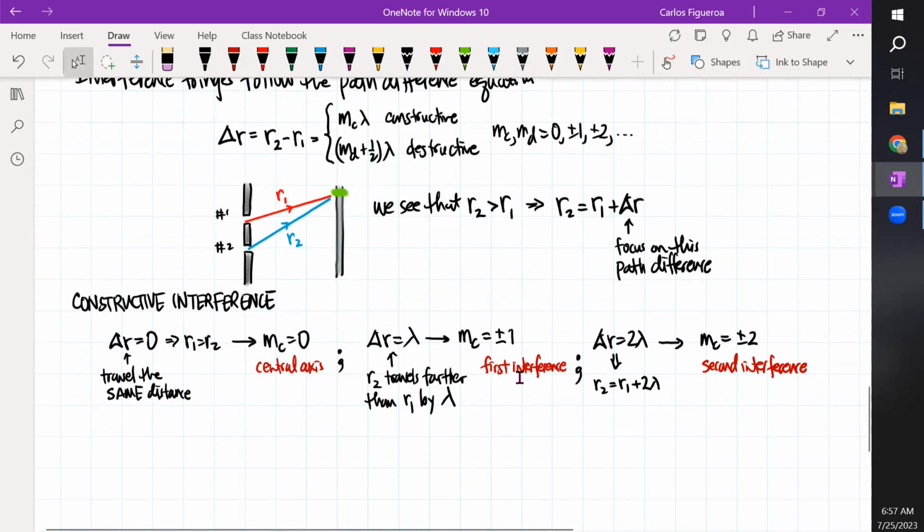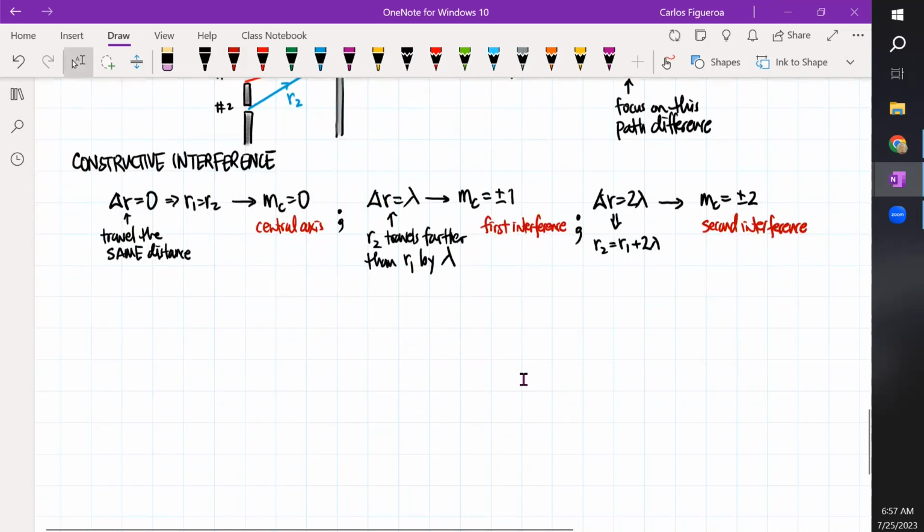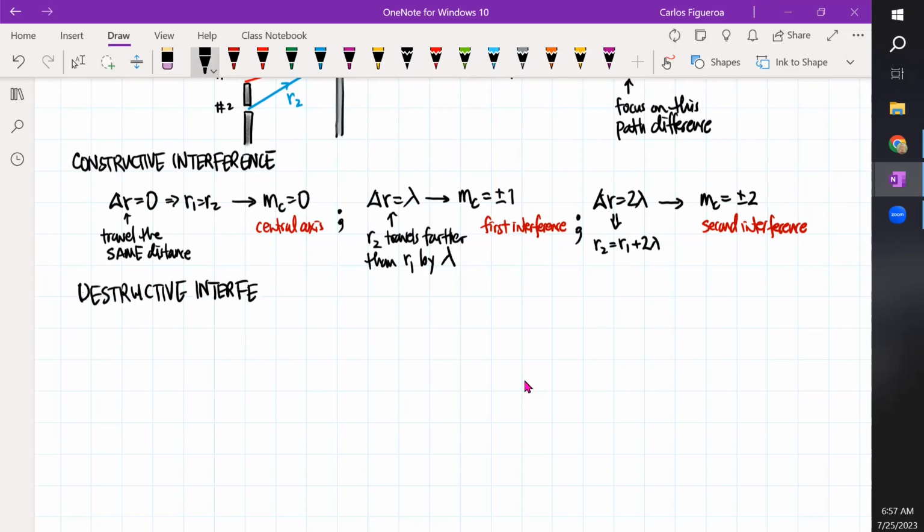And I can do the exact same thing for destructive interference. So if I look at destructive, the language gets a little bit darker here, because now I could have a path difference.